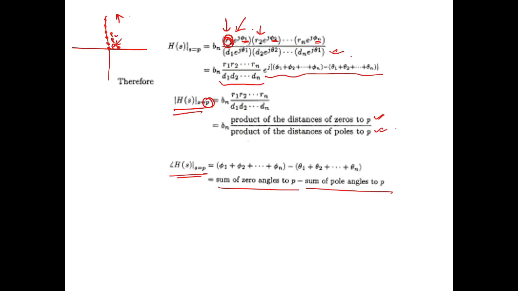I have shown you for a particular P point, but this P point itself is varying. To get a clear picture of the output of your filter, you have to take this filter activity from DC frequency to infinite frequency.